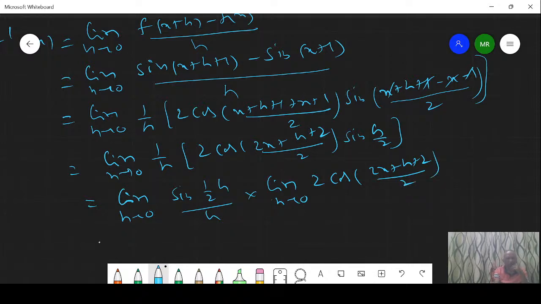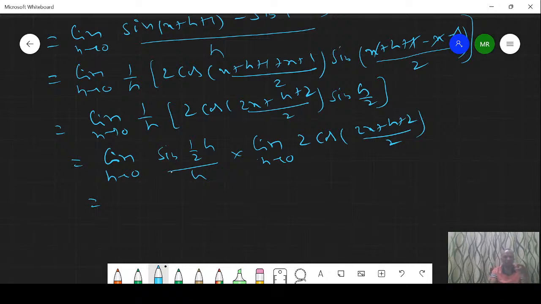If I apply the limit, we know this value. In the previous class we have discussed, this is sin n theta by theta, where theta should be in terms of radians. Limit theta tends to 0, sin n theta by theta is n. This value will be equal to 1 by 2.